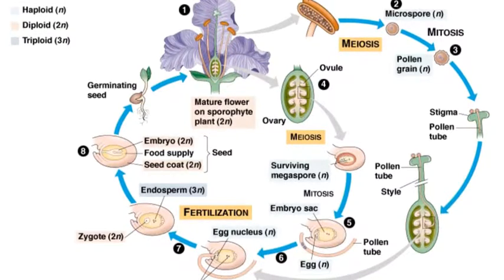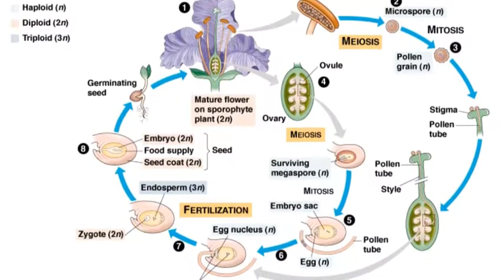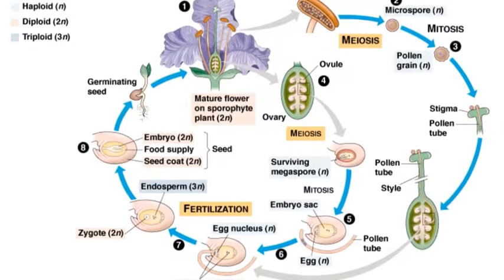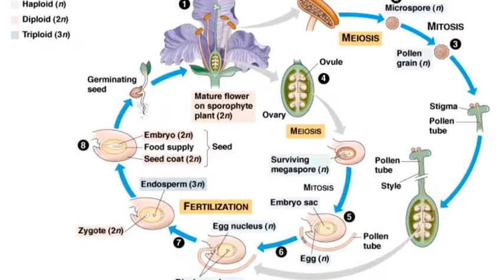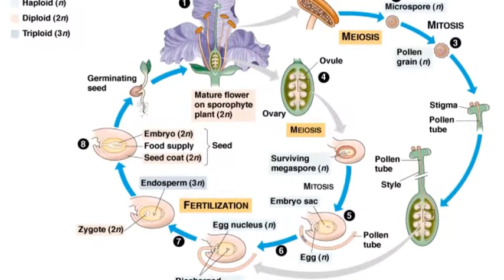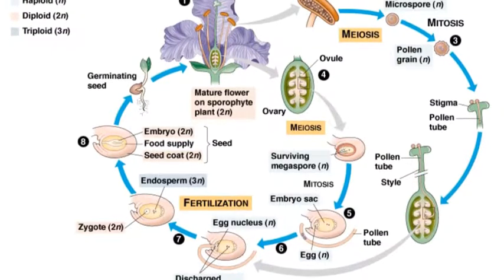Meiosis happens, and only 1 cell survives, and it has 3 rounds of mitosis. 8 haploids would have 2 nuclei and 1 egg. The pollen lands on the ovule.